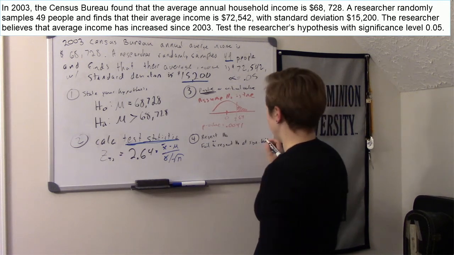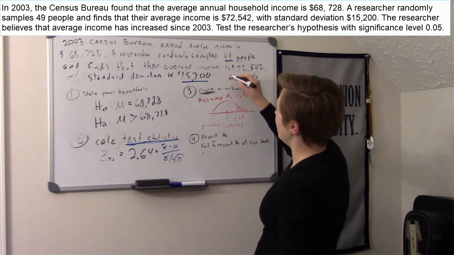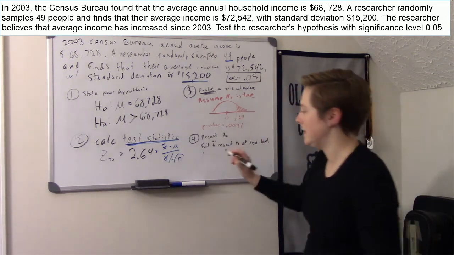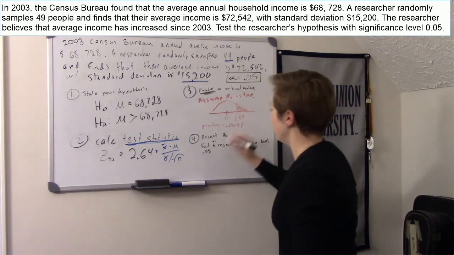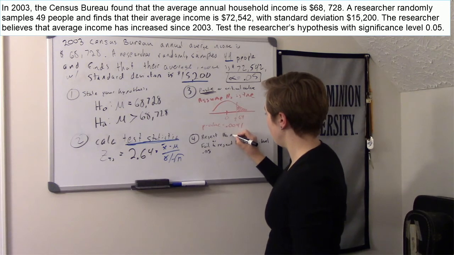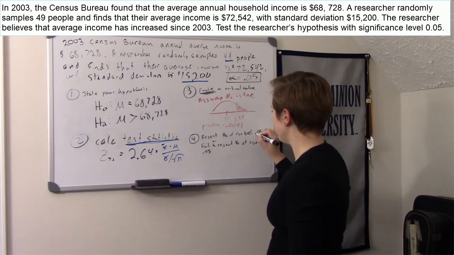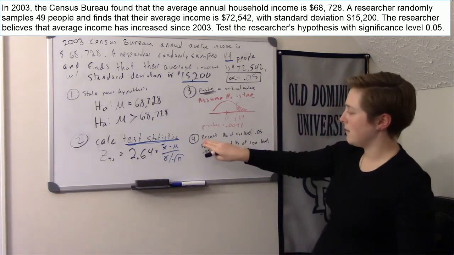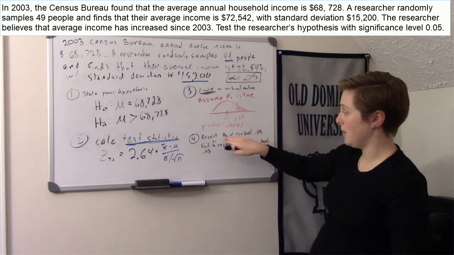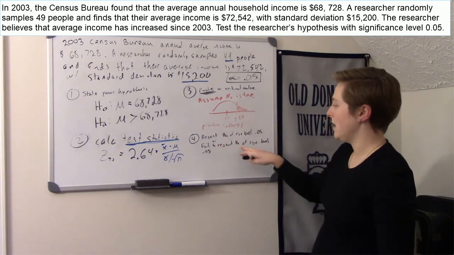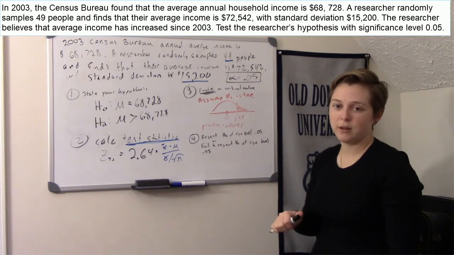That's where I said alpha equals 0.05, we'll be using that later. So either reject the null hypothesis at significance level 0.05 or fail to reject the null hypothesis at significance level 0.05.